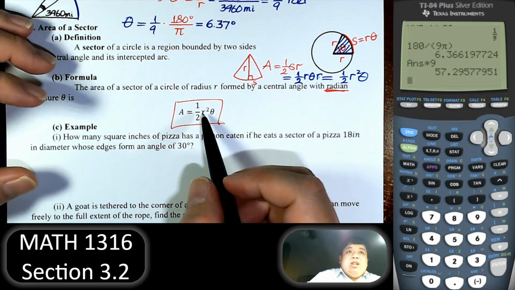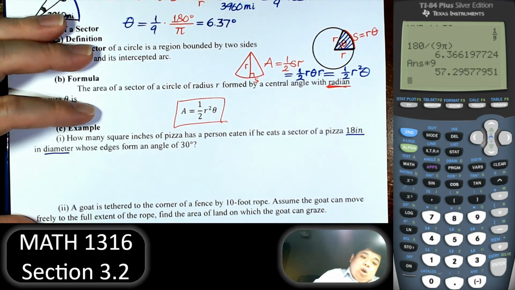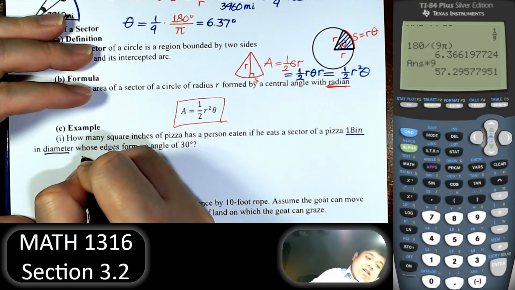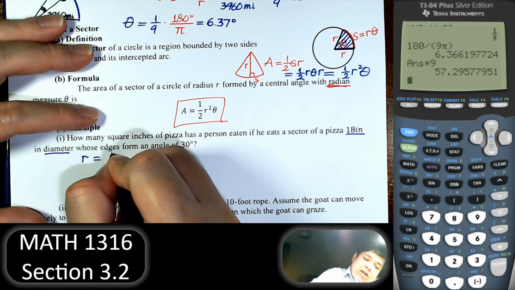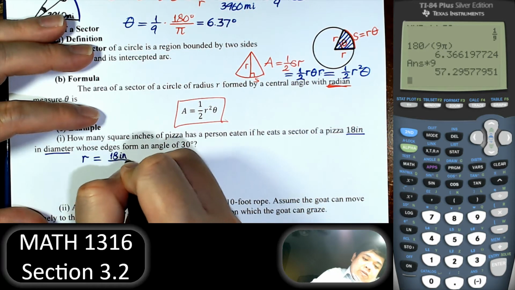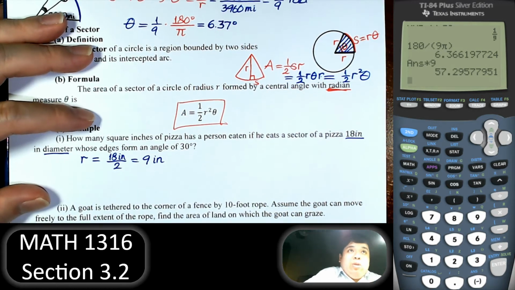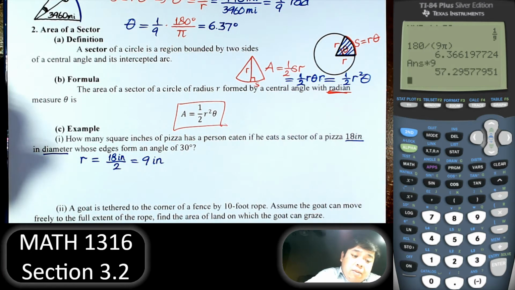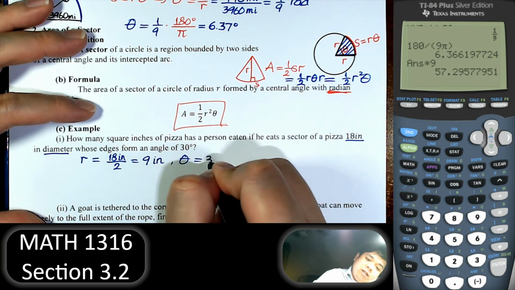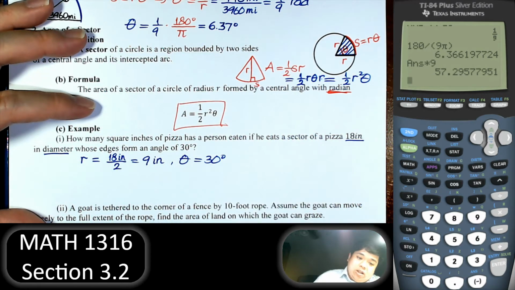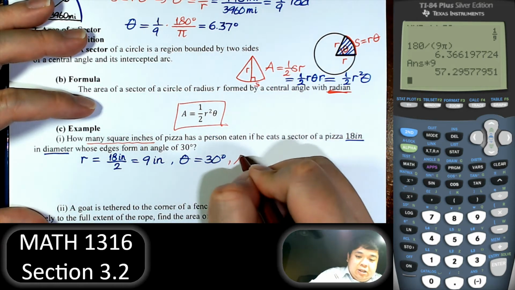It only has radius. So the radius is half of that, 18 inches divided by 2, which is 9 inches. The edge forms an angle of 30 degrees. And the question is, how many square inches, meaning it's asking for the area.